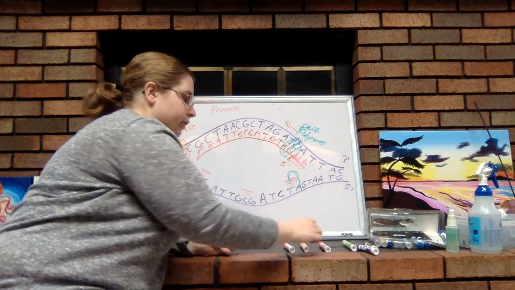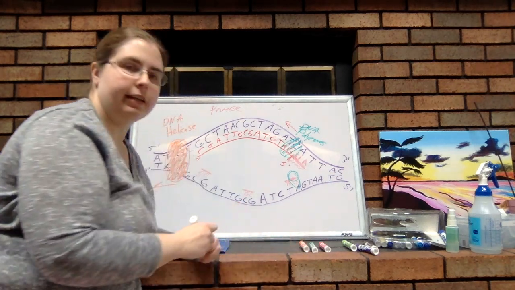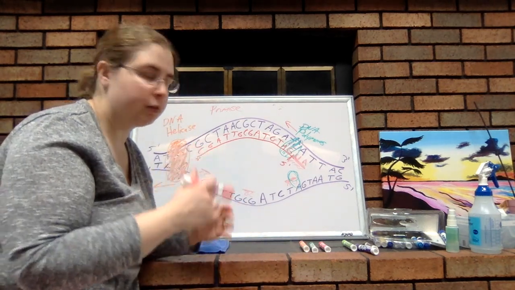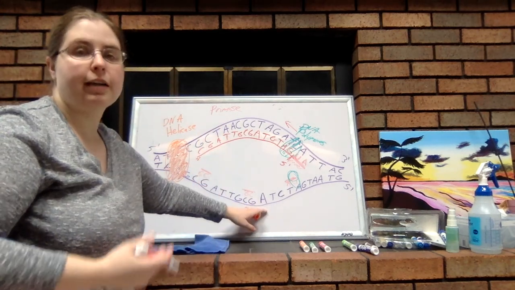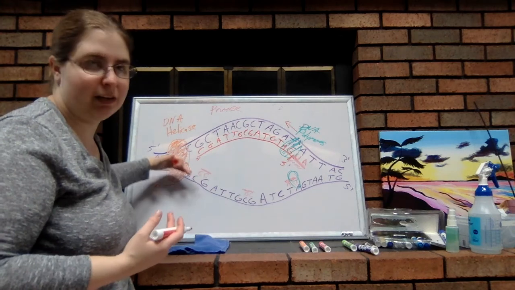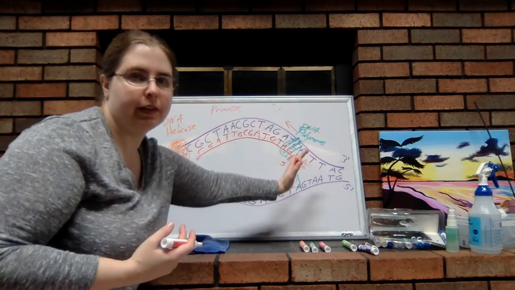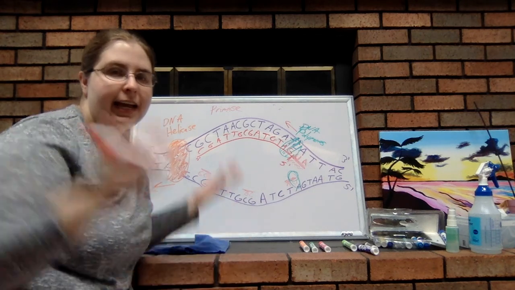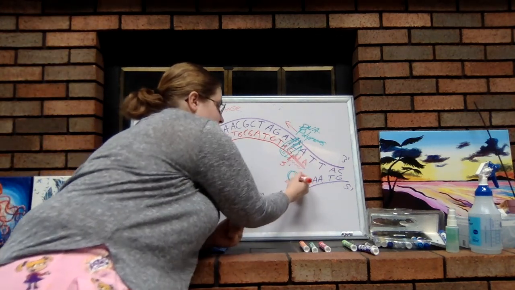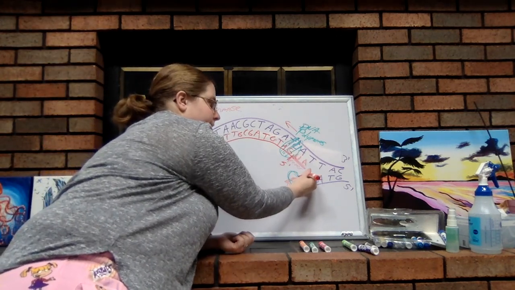And it is going to start building in a 5 to 3 direction. Now again, because this parent strand is opposite the top one, that means it cannot go this way. It has to move in that direction. Now that seems counterintuitive until we realize, hey, leapfrog. So it's going to attach here and start building in this direction.